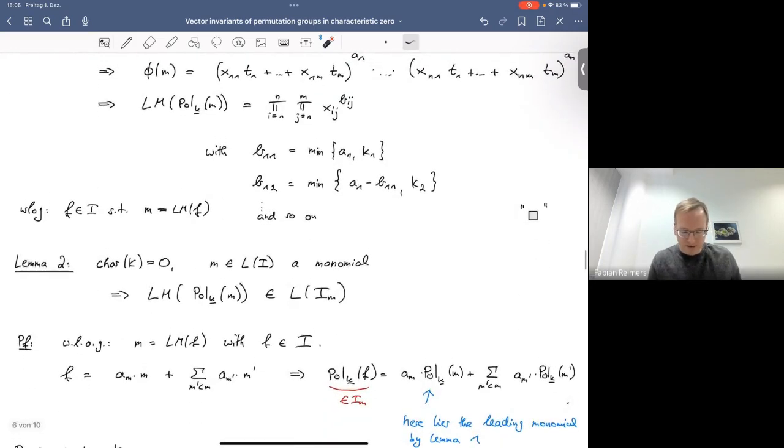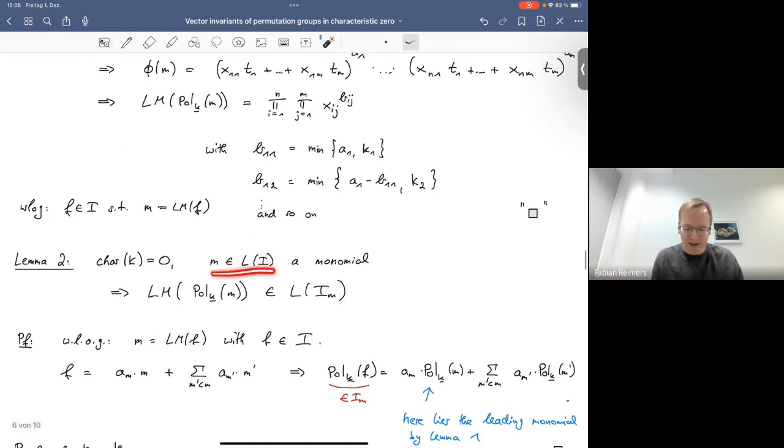We get from this that we can take anything in the leading ideal of the Hilbert ideal of just one copy. We take any monomial here, we can polarize it and look at its leading monomial, and we get again something in the leading ideal of the Hilbert ideal, now of course for several copies.